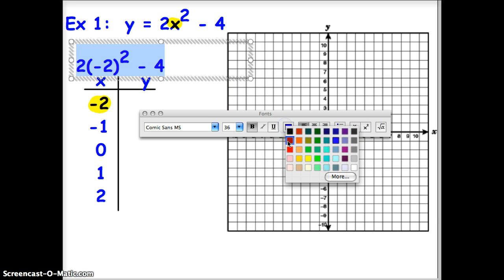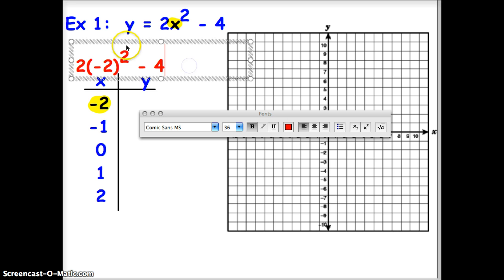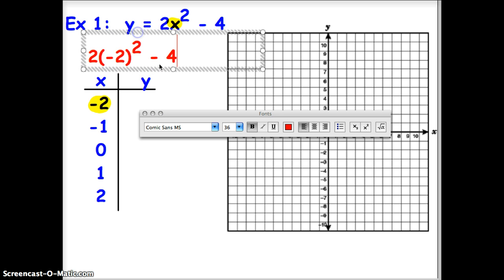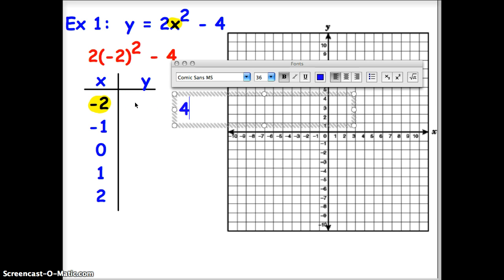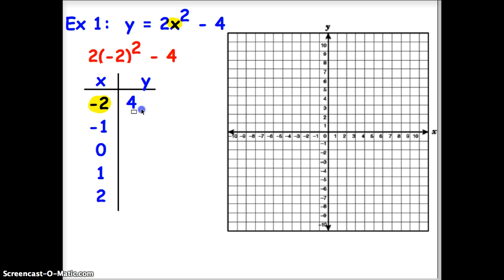Well, -2 squared is -2 times -2. Negative times negative is a positive, so that's +4. 4 times this 2 out front is 8. 8 minus 4 is 4. So our first result is a 4.